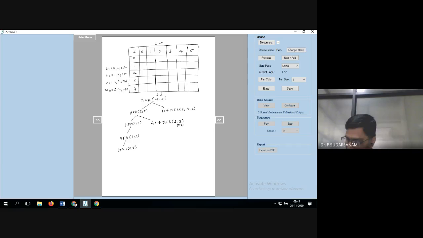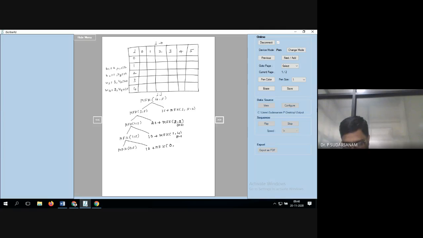Now right hand side. Similarly you write for this also. 10, that is nothing but v2 is nothing but 10 plus mfk of I minus 1 is nothing but 2 minus 1 is 1, comma j minus w of I. 5 minus w of I is nothing but 2. W2 is nothing but 1. So that is nothing but 5 minus 1 is nothing but 4. Now here vi is nothing but v1 is nothing but 12 plus mfk of I minus 1 is nothing but 0.